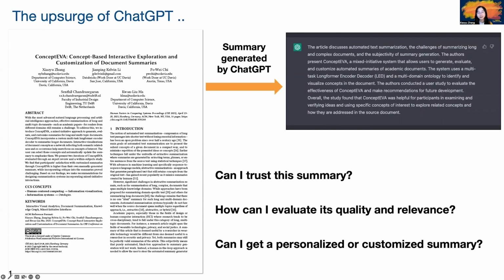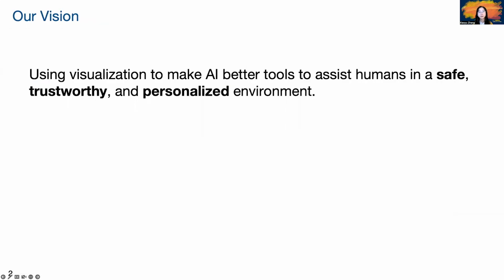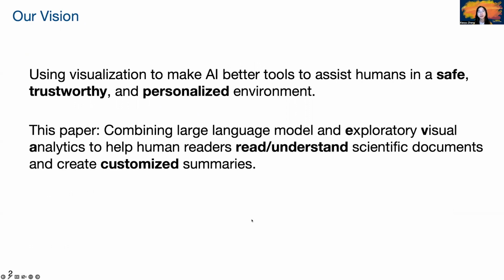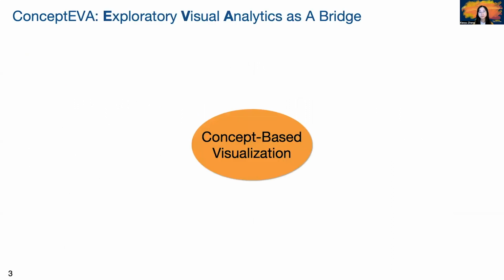The answer is yes. And that leads to our vision for this paper, which is to use visualization to make AI better tools to assist humans in a safe, trustworthy, and personalized environment. In particular, we combine large language models and exploratory visual analytics to help human readers read and understand scientific documents and create customized summaries.